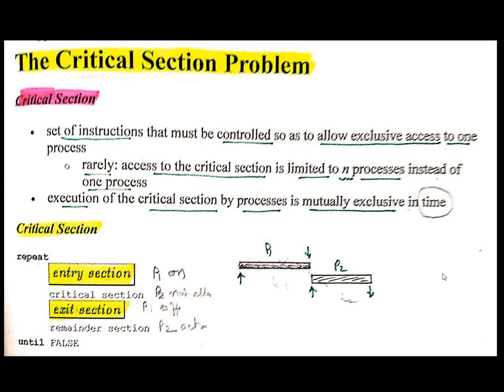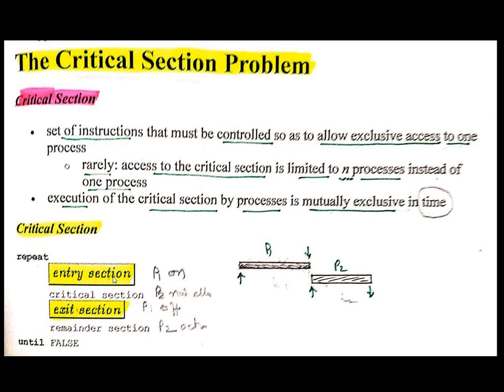When you enter that room, you lock it and use it. Once you come out, the second person will enter that room. So when you are in that room, that is a critical section, and automatically the next person, P2, will be waiting. When you come out, the next person enters the room, and then that section becomes a critical section. Exactly in the same way, it is shown here.